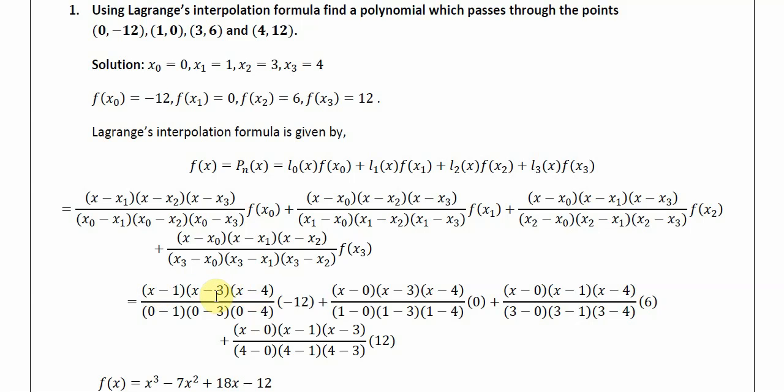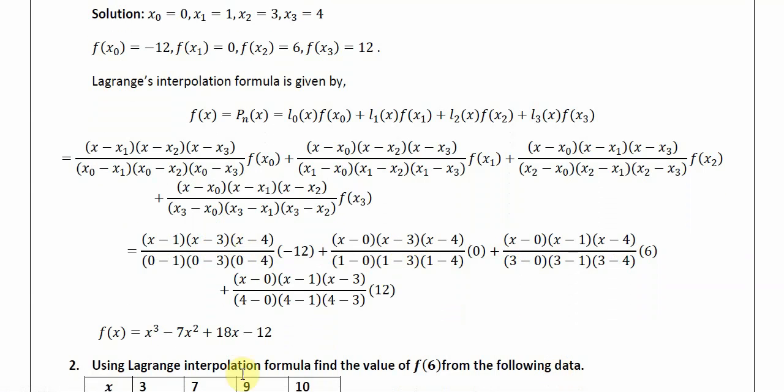First x minus 1 into x minus 3, then multiply x minus 4 to it. This is going to be x into x minus 3 into x minus 4. This is x into x minus 1 into x minus 4. Simplify all the terms. You are going to get a polynomial, which is the required answer for us. The polynomial we are going to get is x cube minus 7x square plus 18x minus 12.